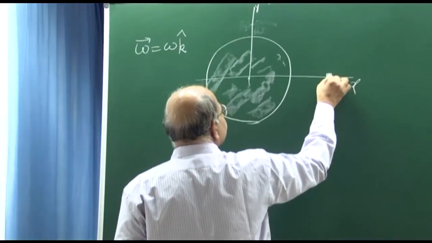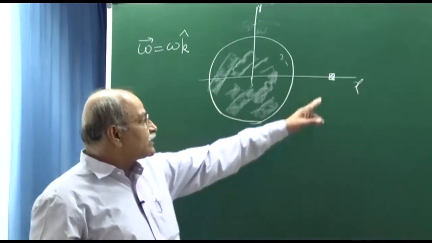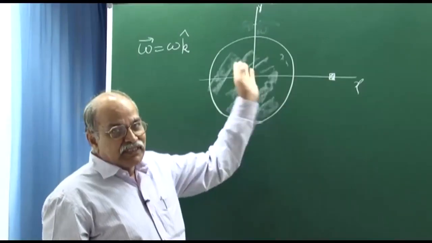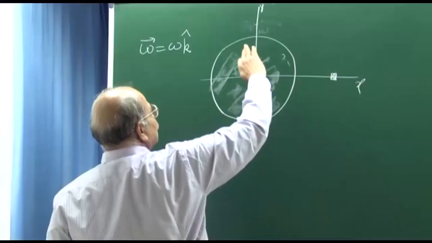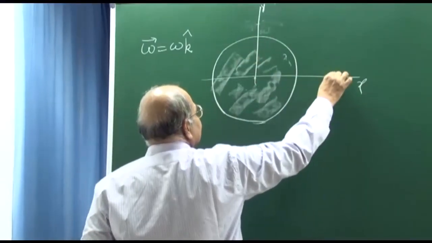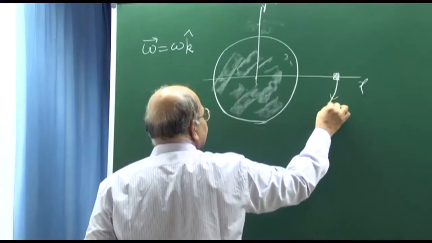At a certain instant this object is here, and it is at rest in the lab. In this frame it is going in a circle, and in the lab the disc was going anti-clockwise. So, as seen from here, this object will go in this direction, in this circle.